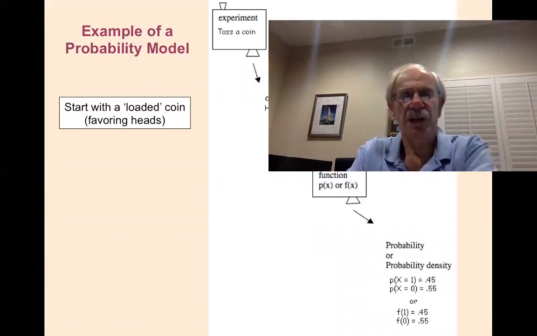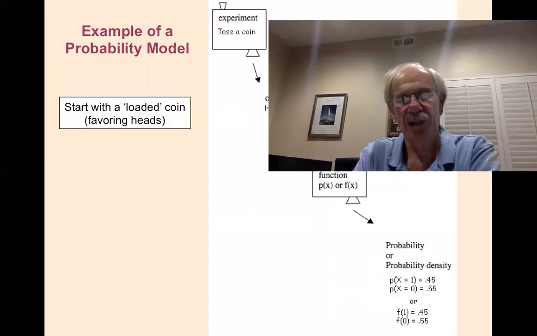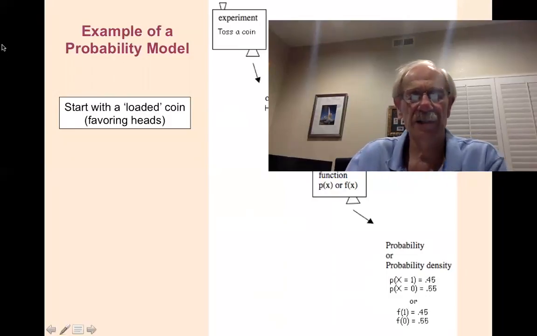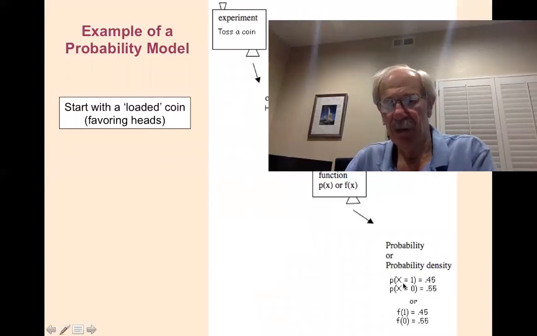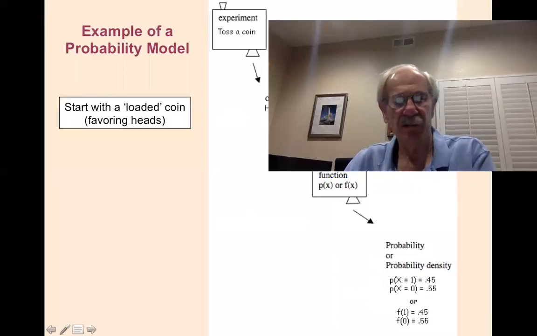Well, sometimes you have to have a technique to figure out some of the things that happen. So here's an example where I have a loaded coin which favors heads. It looks like I have that backwards. Heads should have been 0 and tails 1, but let's go with this.